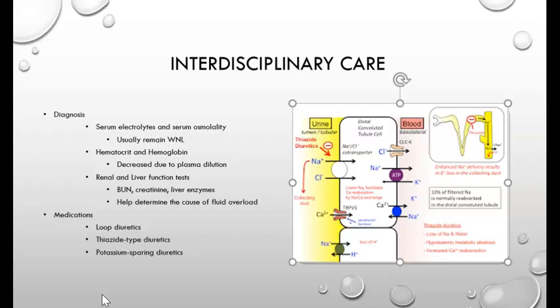It just works in a different part of the tubule, and that's going to be your Diuril and your Zaroxolyn, and then your potassium sparing, and that's going to excrete sodium and water. That's your Aldactone, and that inhibits any sodium-potassium exchange. That being said, you really want to monitor those potassium levels in those first 2 types.